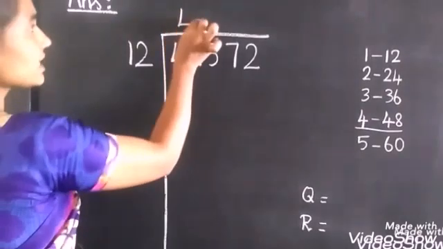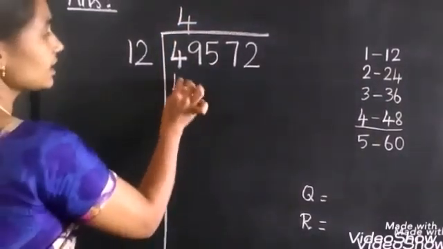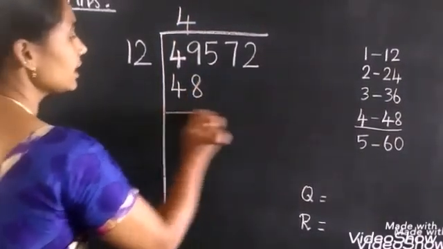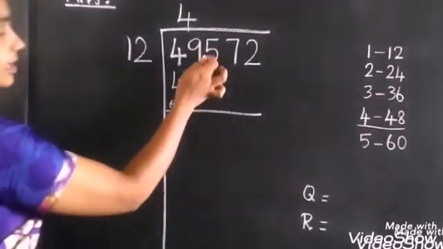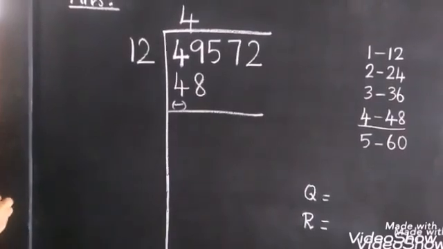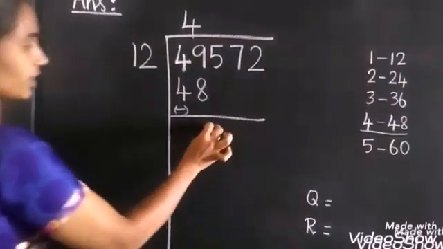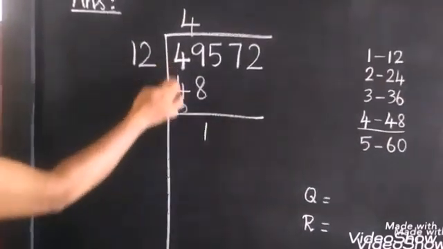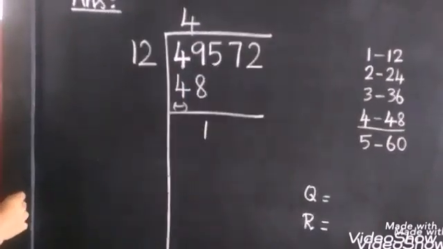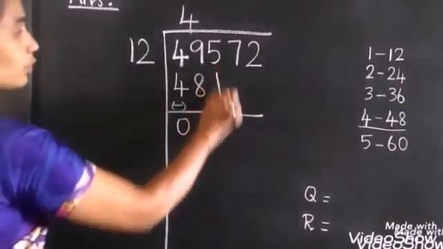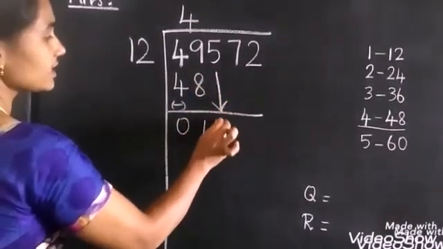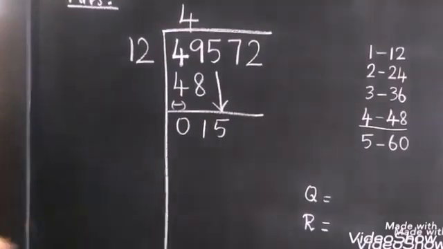We use 4 as the quotient, and here we write 48. Now we subtract. 9 minus 8, what will come? Yes, very good, 1. 4 minus 4, what will come? Very good, 0. Then we take the next digit 5.